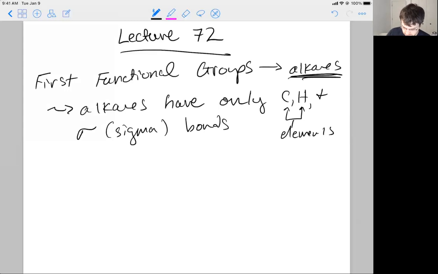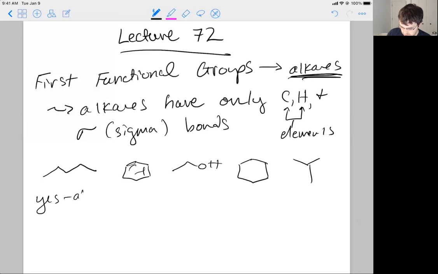I think we've looked at this before, but just to remind us, if we had to say yes or no, is it an alkane? Here are 5 examples. The first molecule is pentane, so yes, it's an alkane. It's one of the fundamental alkanes, just a straight chain, 5 carbons, 12 hydrogens, and no double bonds.